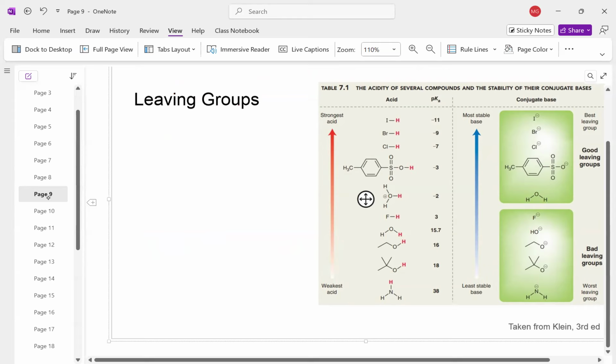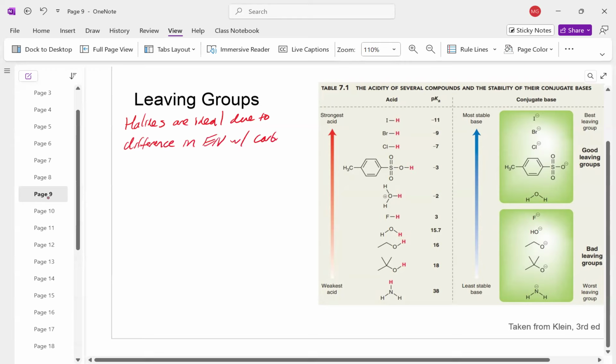Halides are ideal for these kinds of reactions, number one, due to the difference in electronegativity with carbon, and they are stable once they leave.